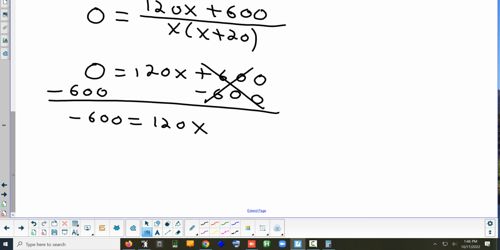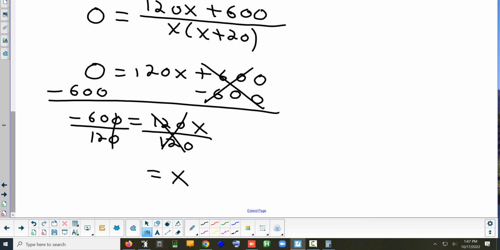Curtis, what do I do next? Divide by 120 on both sides. Well, 120 divided by 120, that's gone. And negative 600 divided by 120, well, they both have a 0, so we can cross the 0 out.